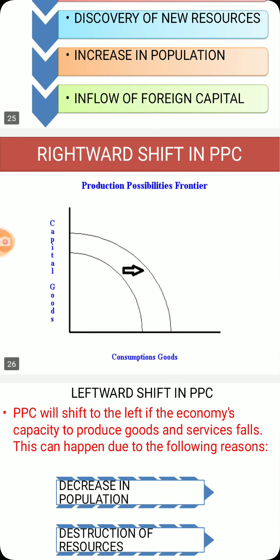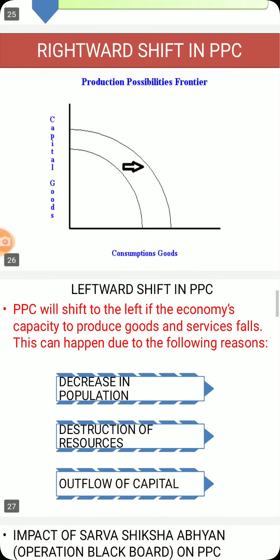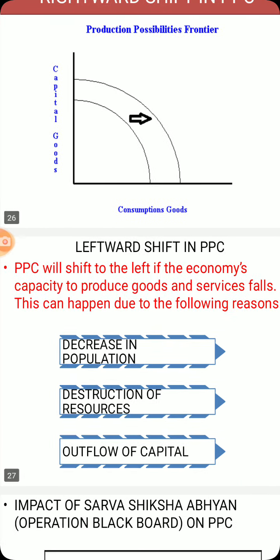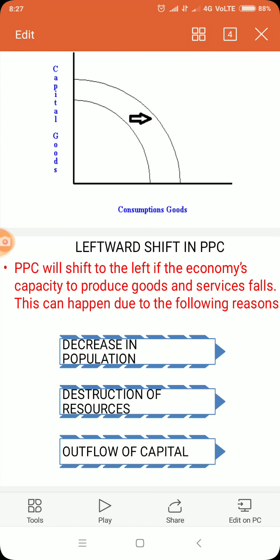Clear? The second case under this, which is only change in resources. The first one was resources are increased. The second one is resources are decreased. Vice versa will happen if we are decreasing the resources. So earlier it was shifting towards the right, now it will shift towards the left. Leftward shift in the production possibility curve will happen when the resources are reduced. The production possibility curve will shift to the left if the economy's capacity to produce goods and services falls. So what are the reasons?